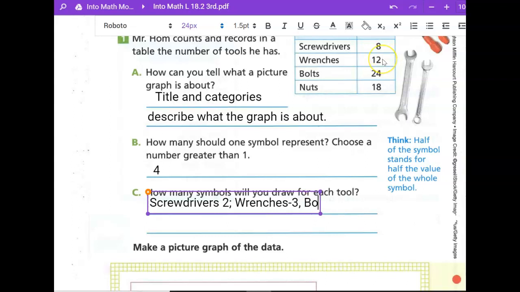And for bolts, how many 4s in 24? 6 symbols. And then for the nuts, how many 4s in 18? Well, there would be 4, that would be 16. And then we would need another half of a symbol.